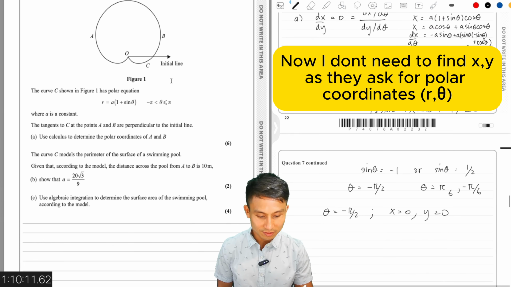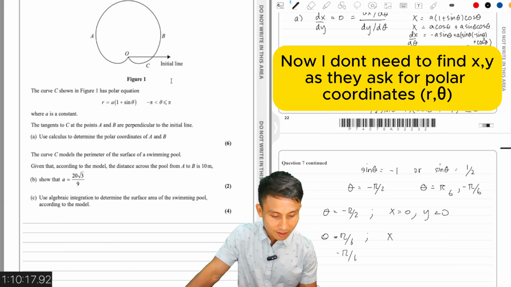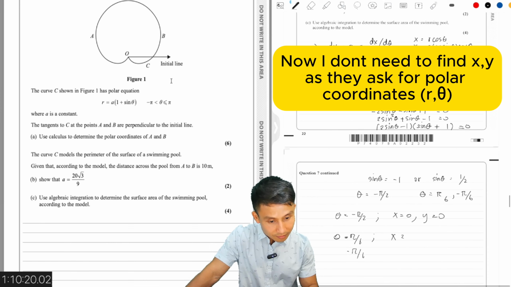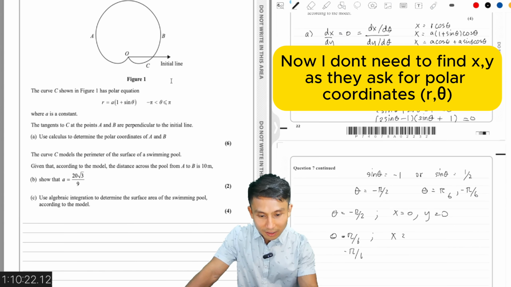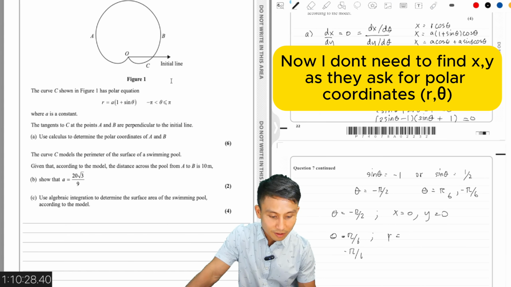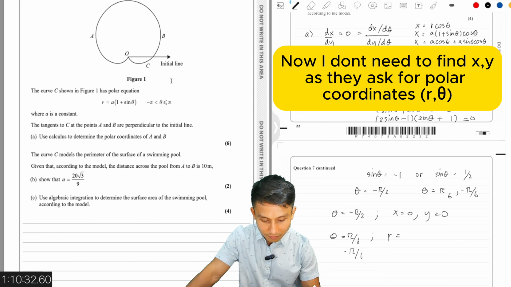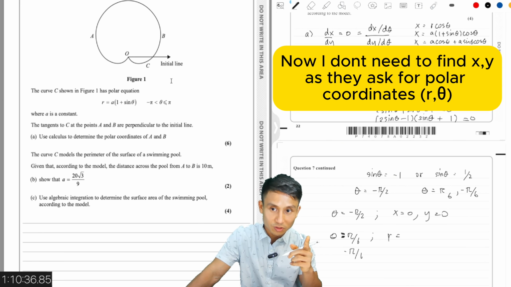So that's the origin. If theta equals pi over 6, I think these two are going to give us the thing. X will be, what is r? Let me find r first, right? Because we can use that. So r will be a times 1 plus sine pi over 6, which is 1 over 2. So 3 over 2 there.